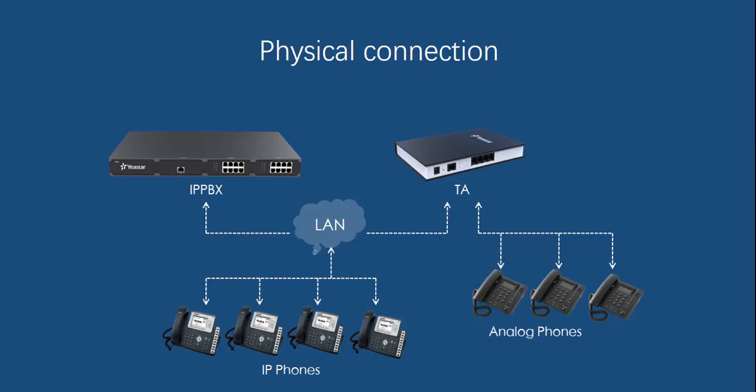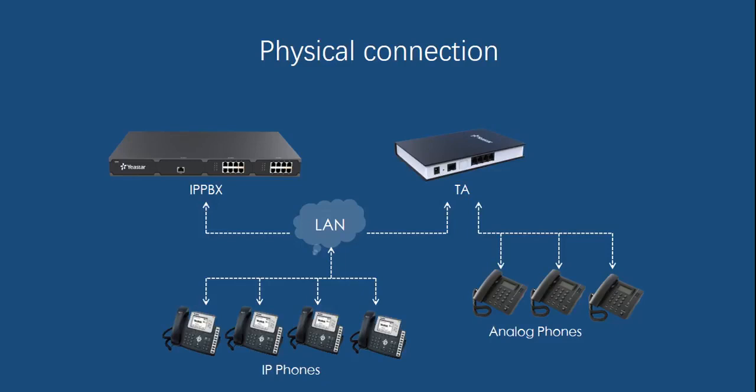Okay, so the first thing you might want to do is the physical connection. We won't spend too much time talking about this. Basically, whatever kind of gateway you have, you can simply have the lines or the terminals connected to the corresponding ports on the one side, and have the LAN port on your gateways connected to the local network where you locate your IPPBX, so they have access to the same local network.